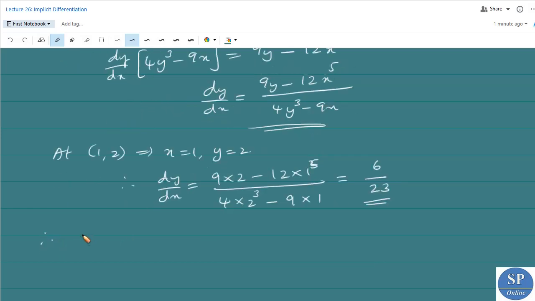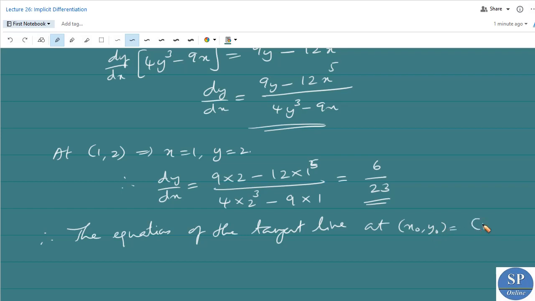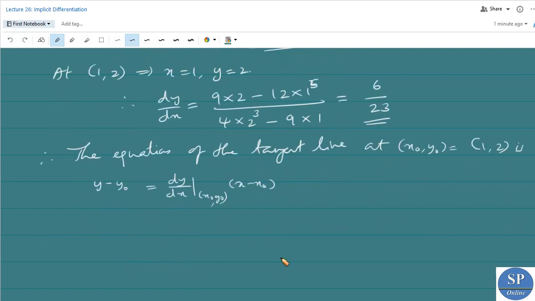Therefore, the equation of the tangent line at the point x naught y naught equal to 1 comma 2 is given by, we know it is y minus y naught equal to dy by dx at the point x naught y naught into x minus x naught. Here we have y naught is 2 and x naught is 1.